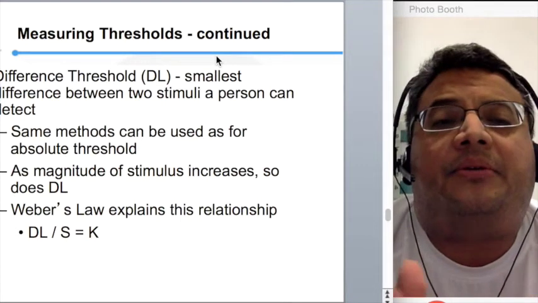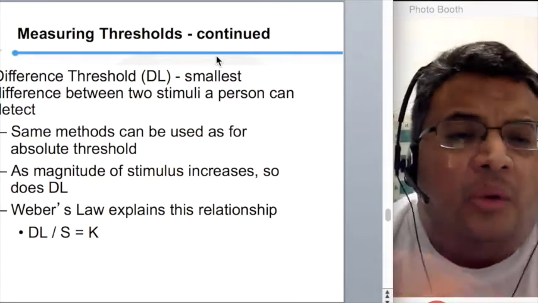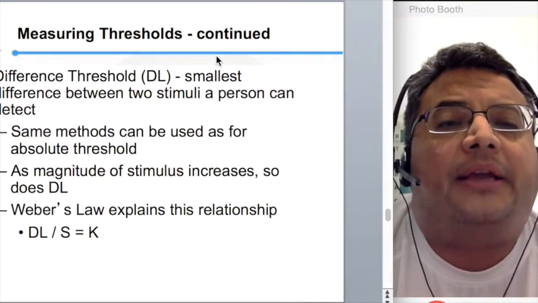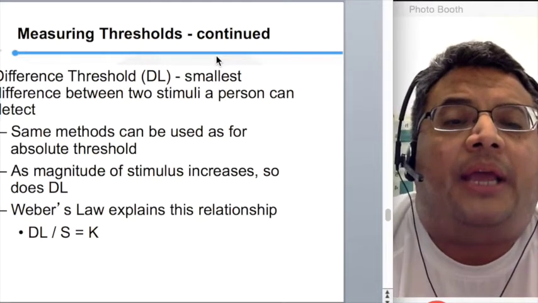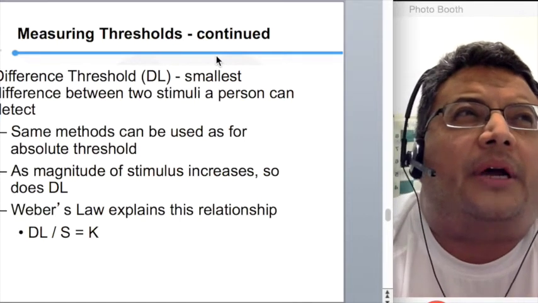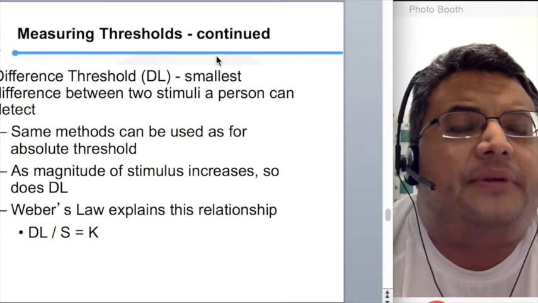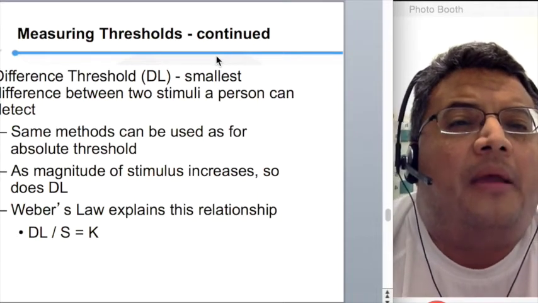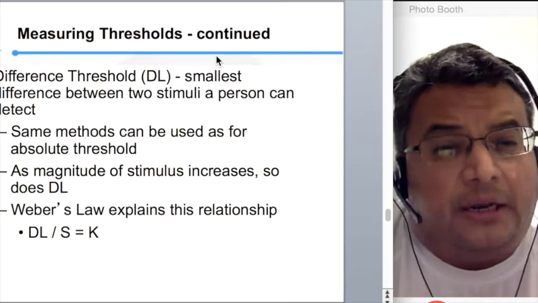The example would be this: with a handful of sugar, if you had, let's say, 100 grams of sugar, it would take probably about 5 or 10 grams, right around there, before you would feel a difference.